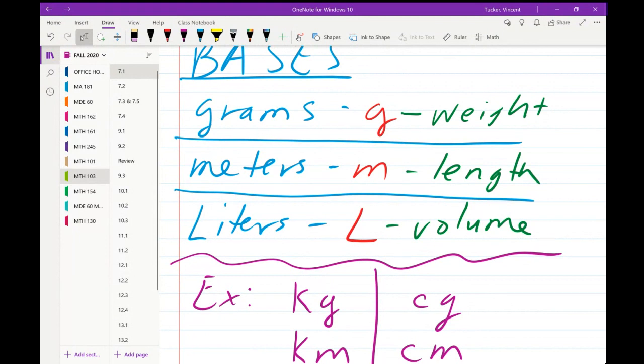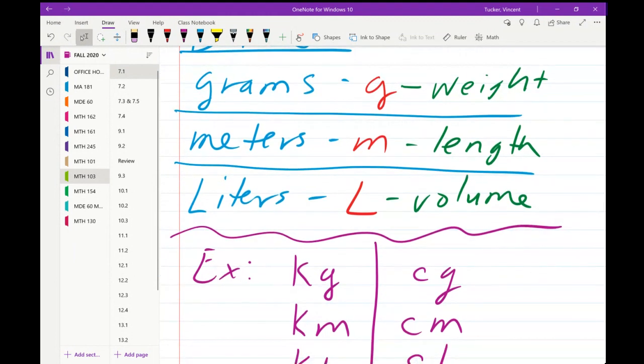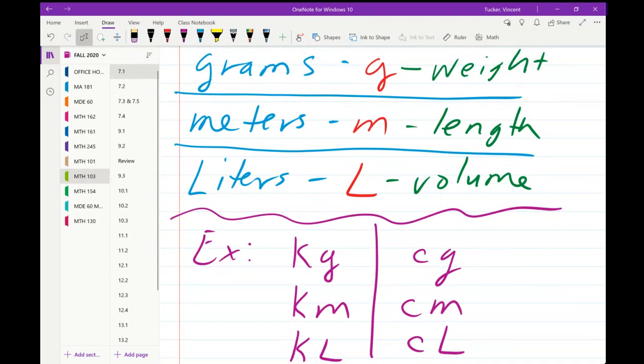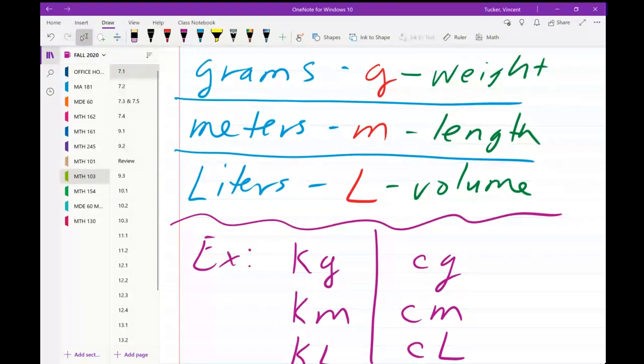Depending on what you're measuring, you can use any one of those prefixes in front of the base. So you've got kilograms, centigrams, kilometers, centimeters, kiloliters, or centiliters. What dictates which base you use depends on what you're measuring. And like I said, any of those prefixes can be used in front of any of the bases.